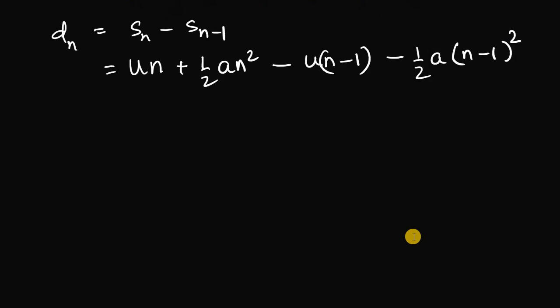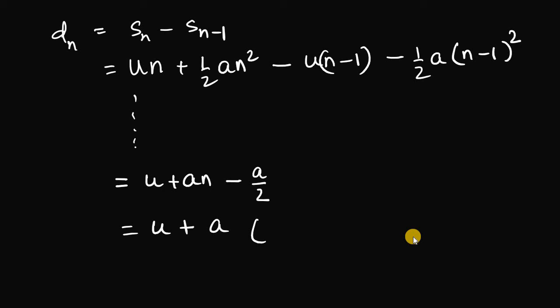I'm not going to solve it because I already solved it on my own in my copy. When you solve it, you come to know that it would be u plus an minus a by 2. So I can simply write u plus a into n minus half. This is one: distance traveled in the nth second.